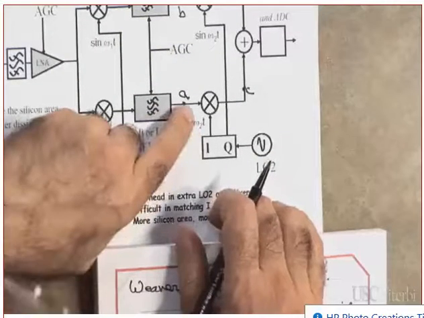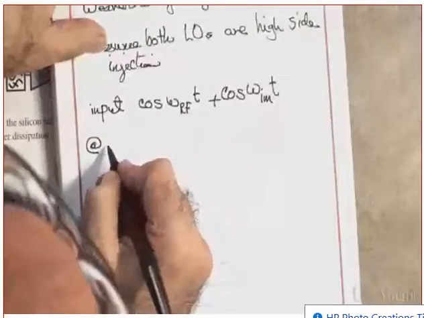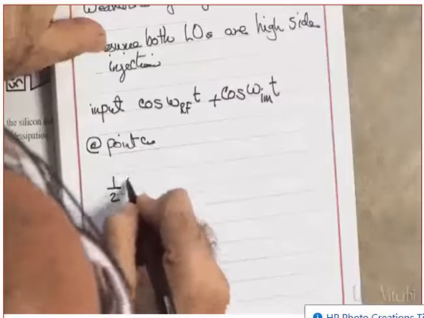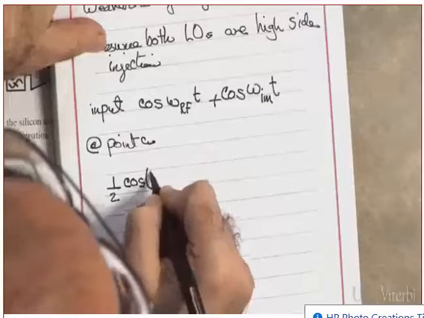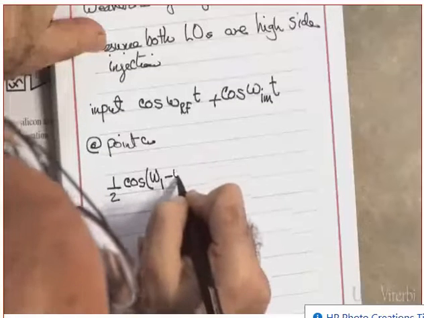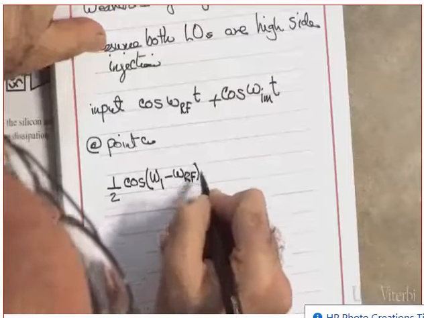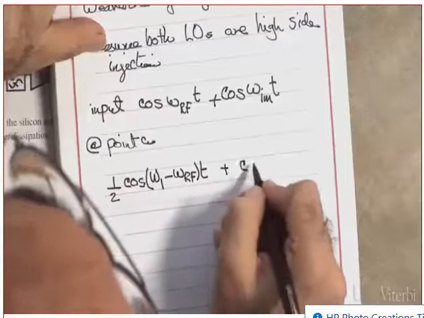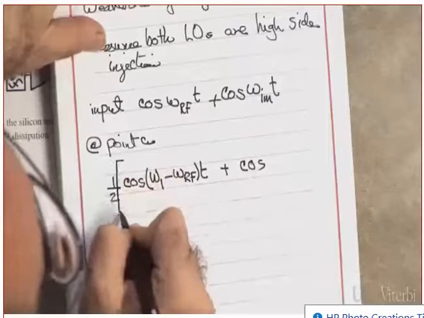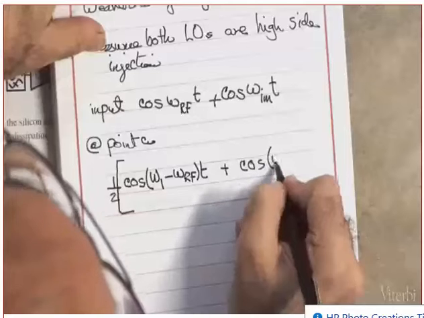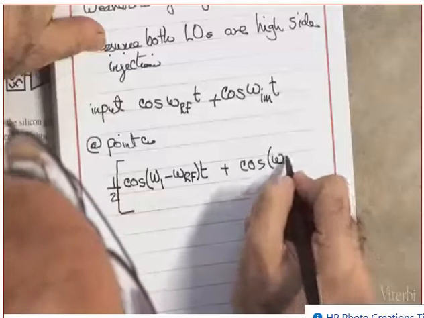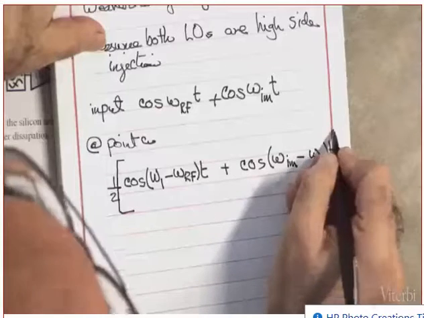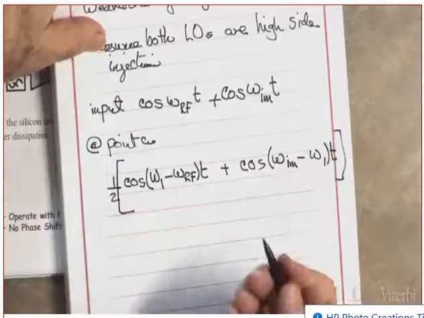So I'm looking only at point A. What do I have at point A? 1/2 cosine (omega 1 minus omega RF)t, because this one is the high side, plus cosine (omega IM minus omega 1)t. Close the bracket. Clear?